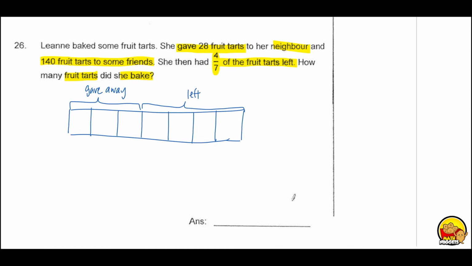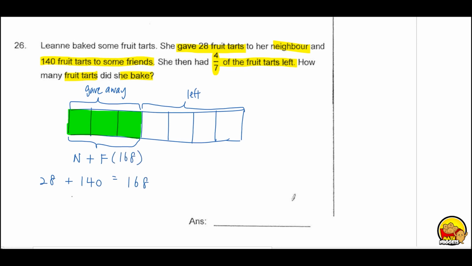And what did she give away in total? She gave to her neighbor 28, and she gave to her friends 140. So over here would be what she gave to the neighbor and her friends, which would be 28 to neighbor, 140 to friends, a total of 168. So the 3 units that she had given away would be 168 tarts.